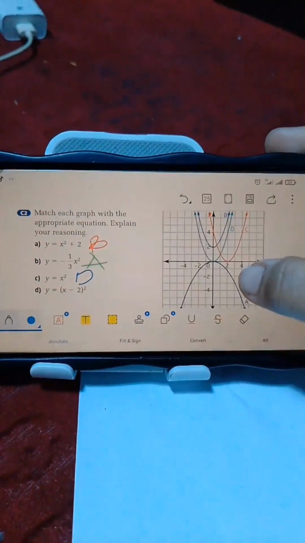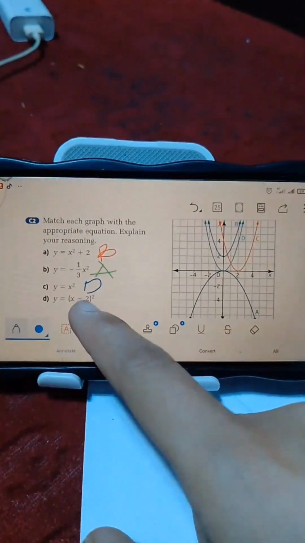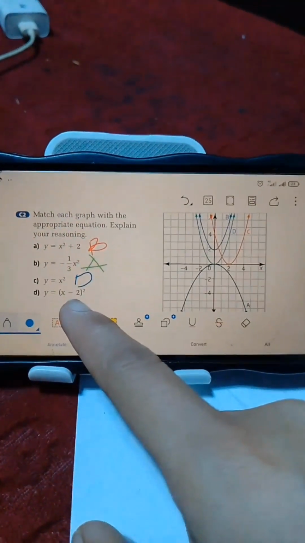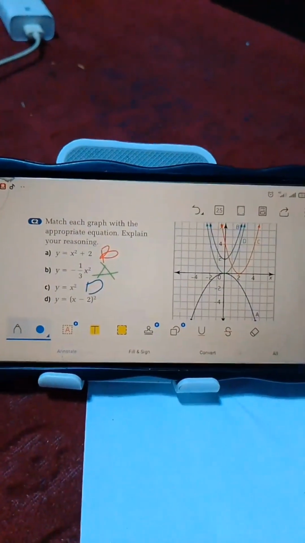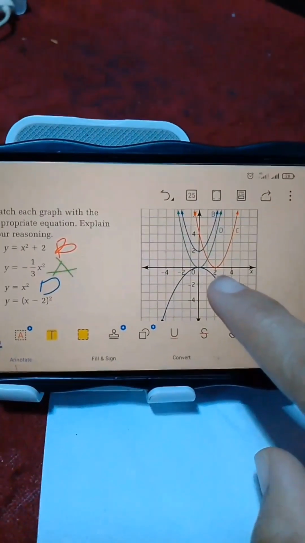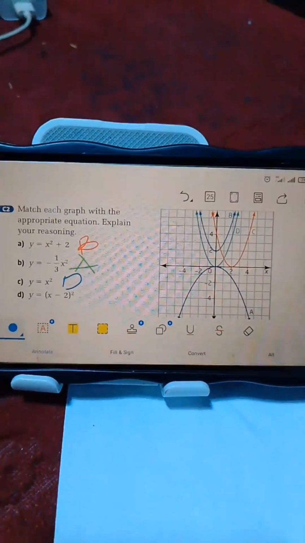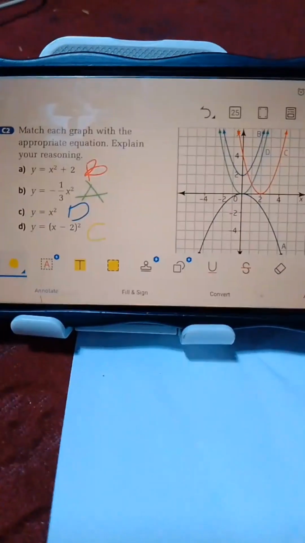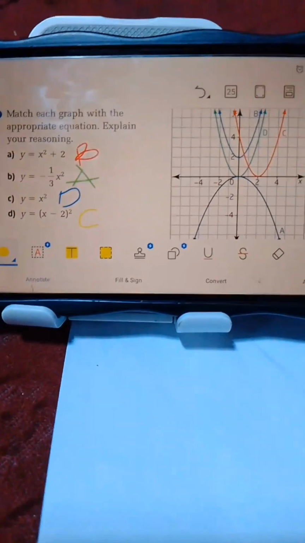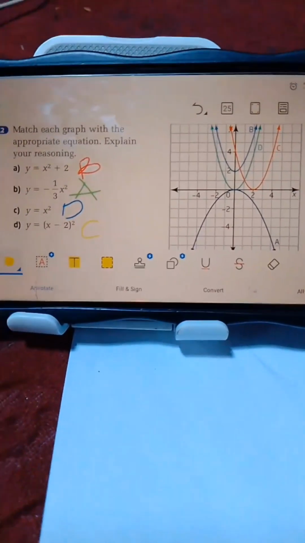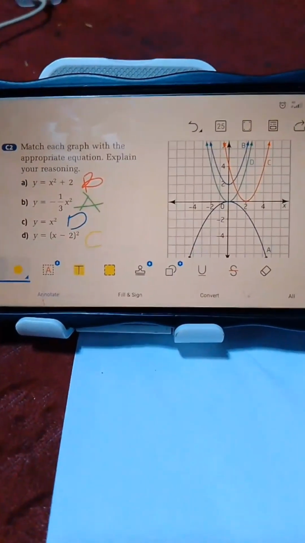We're going to move along the x-axis to the right. So we have here letter C. Okay, so that's the appropriate graph for each equation.